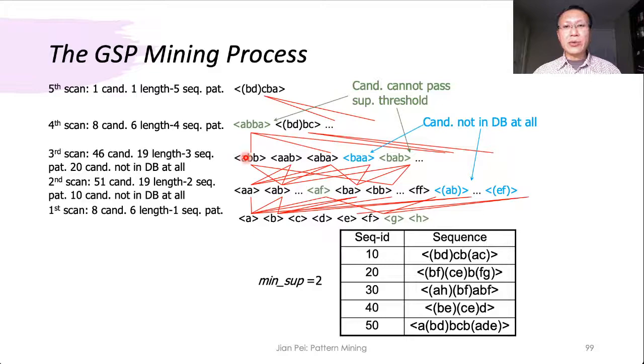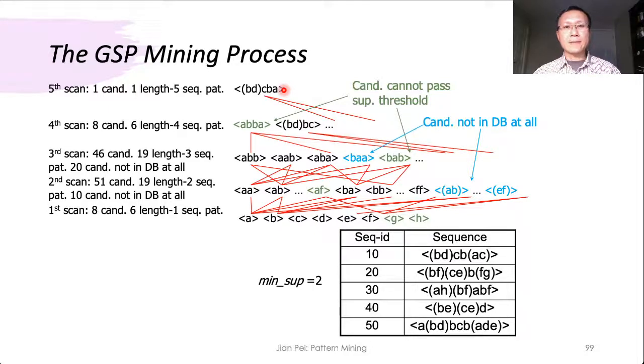We continue to generate length 4 candidates, scan the database again to collect the support count, and remove those infrequent candidates, and the remaining ones are frequent length 4 sequential patterns. This process can be iterated again and again until either no candidates are frequent or we cannot get longer candidates.